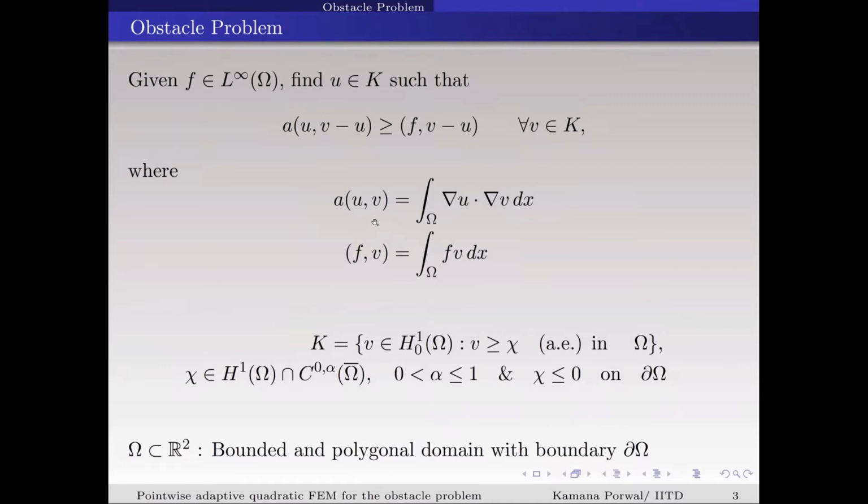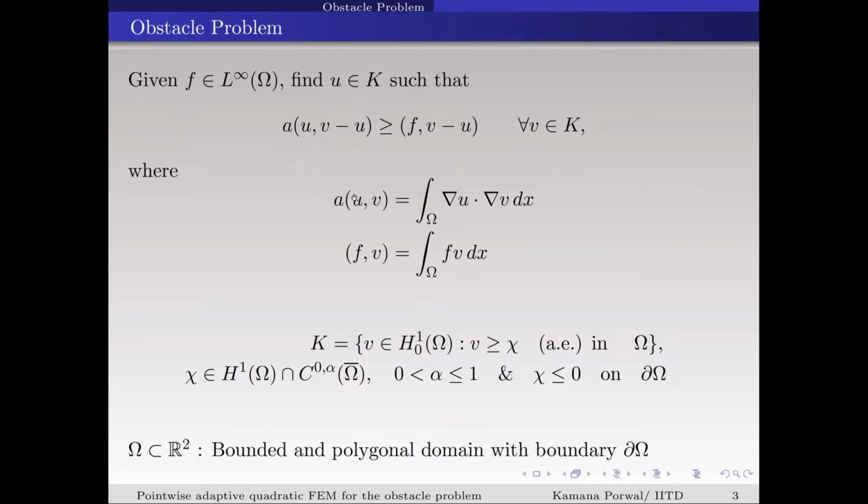The bilinear form a is given by this. We can observe that this bilinear form a is continuous and coercive over H^1_0(Ω), and the set K is non-empty, closed, and convex. So by using the result of Stampacchia, this continuous problem has a unique solution.